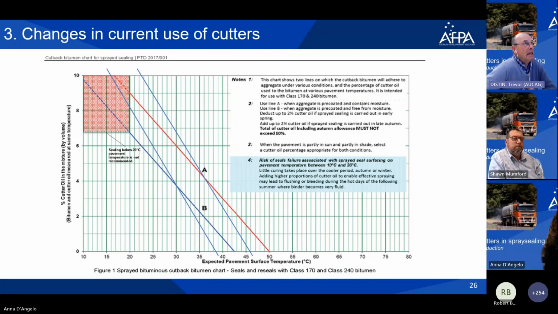And you can see there's typically about a 2% difference in the amount of cutter you use for a given temperature. The other two lines were the lines that were in place previous to the issuing of this updated directive, which recognizes that we need to change the amount of cutter we use in delivering our spray seals based on our more recent experiences.